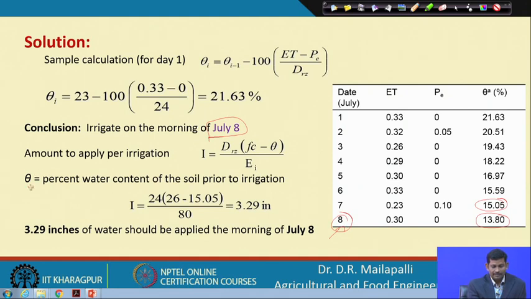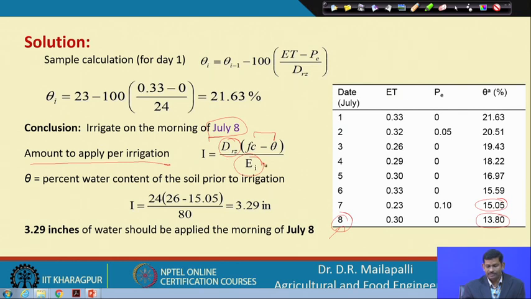Then how much do you need to apply on the 8th day? The amount of irrigation I equals theta fc minus theta, times root zone depth, divided by EI, the irrigation efficiency.